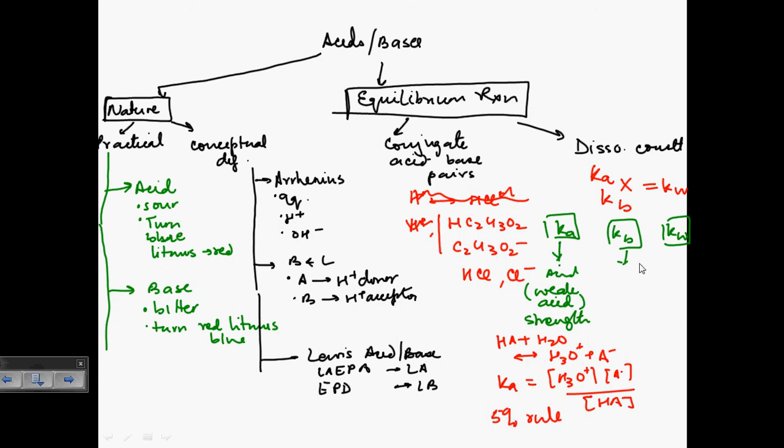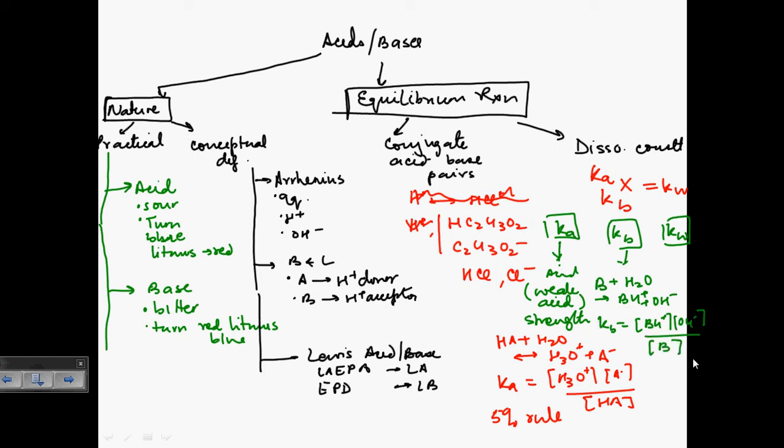Similarly, Kb shows the strength of weak base, and the equation that goes with weak base is B plus H2O gives you BH plus OH minus, and the Kb is BH plus's molarity times OH minus's molarity over B's molarity.